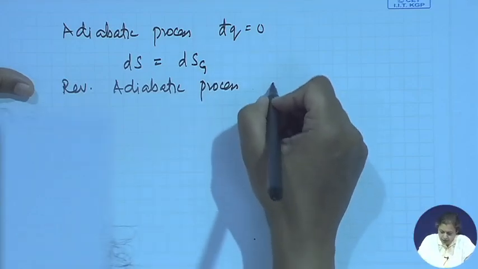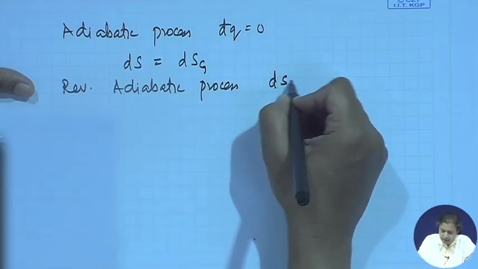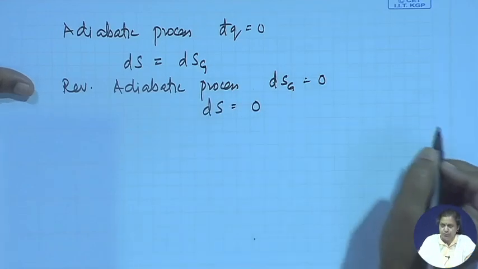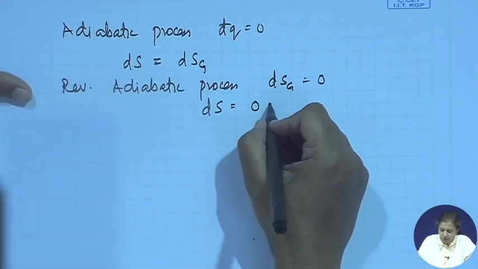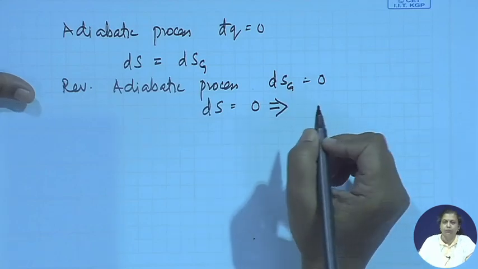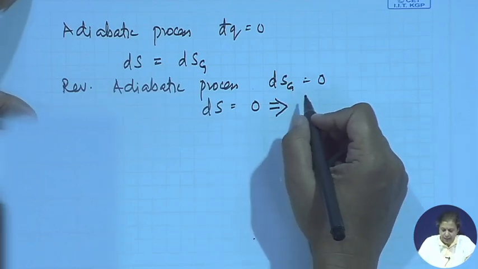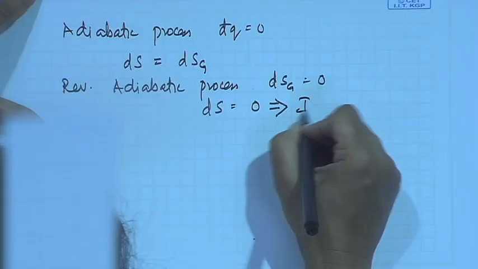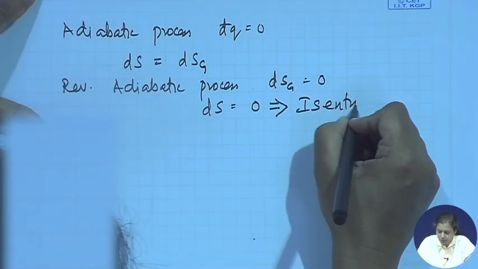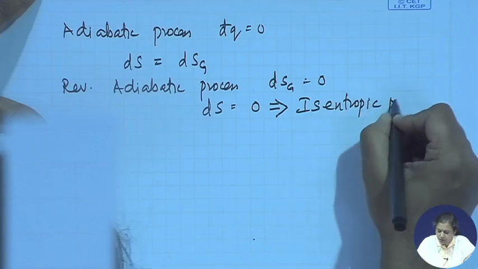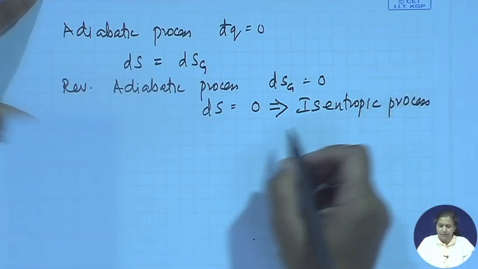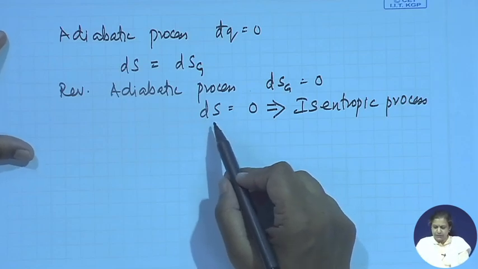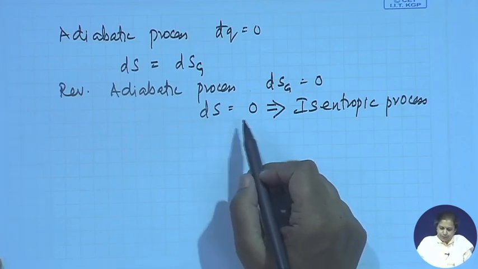Then naturally dsg equals 0 and ds equals 0. As we had already stated, any reversible adiabatic process is termed an isentropic process, because all reversible adiabatic processes can be depicted by ds equal to 0.